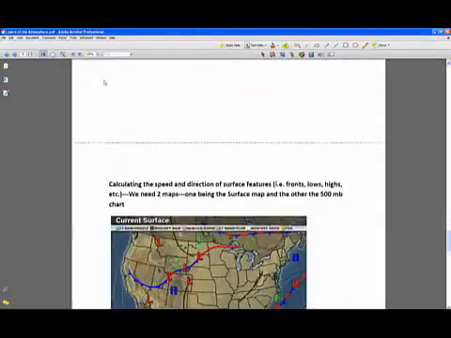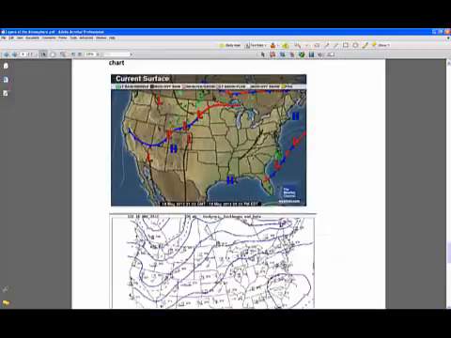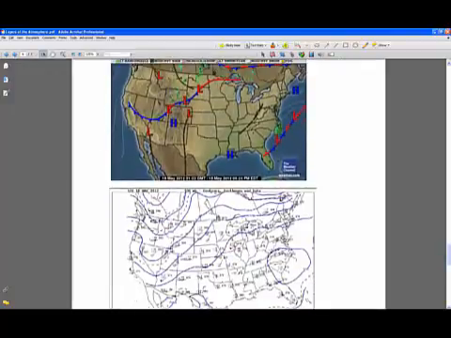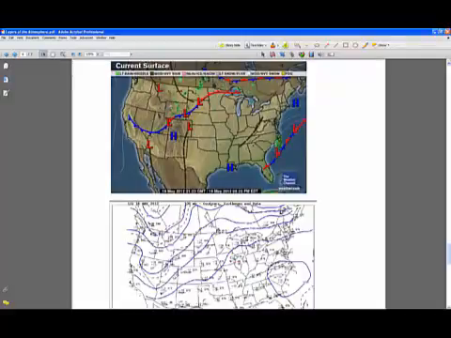In fact, if I just show you this, we're going to use the surface map with the 500 millibar map to move surface features. So we see that we've got a low pressure. Let's just take this low pressure here that's sitting up over south central North Dakota and north central South Dakota, and let's draw it on our 500 millibar map.